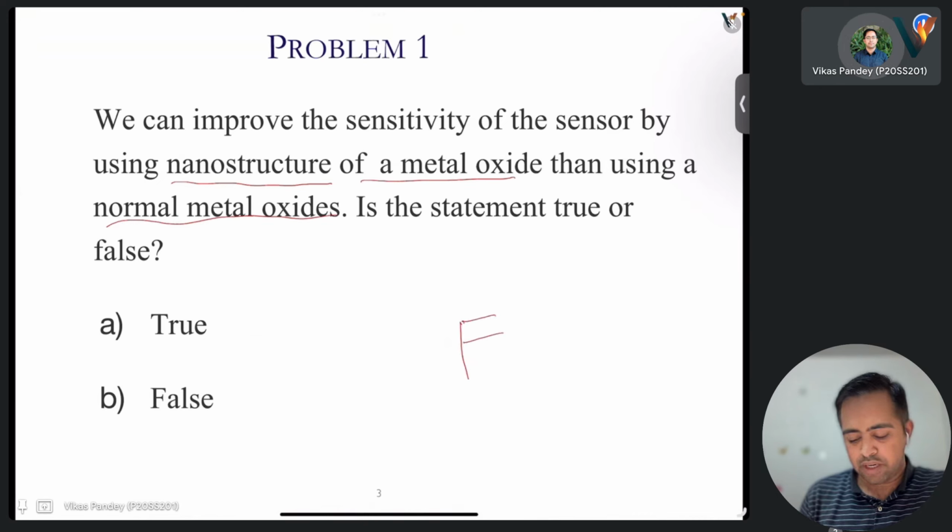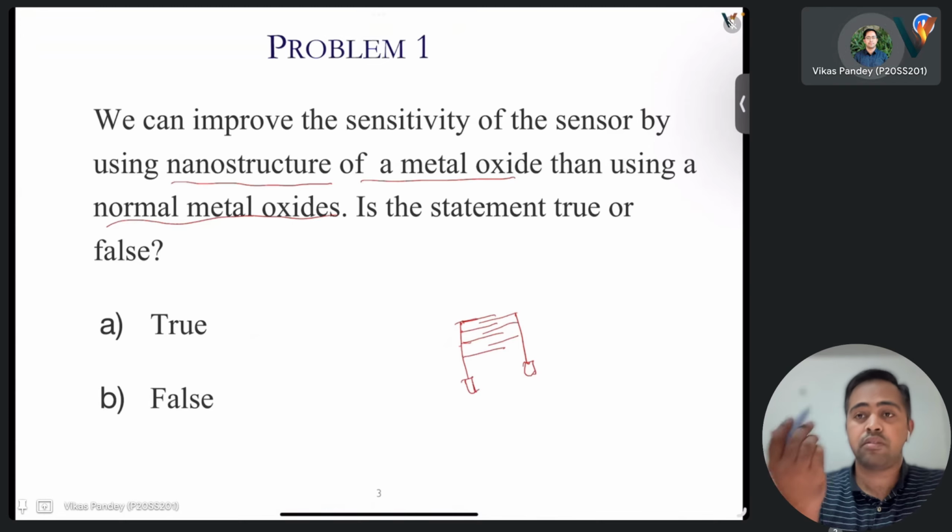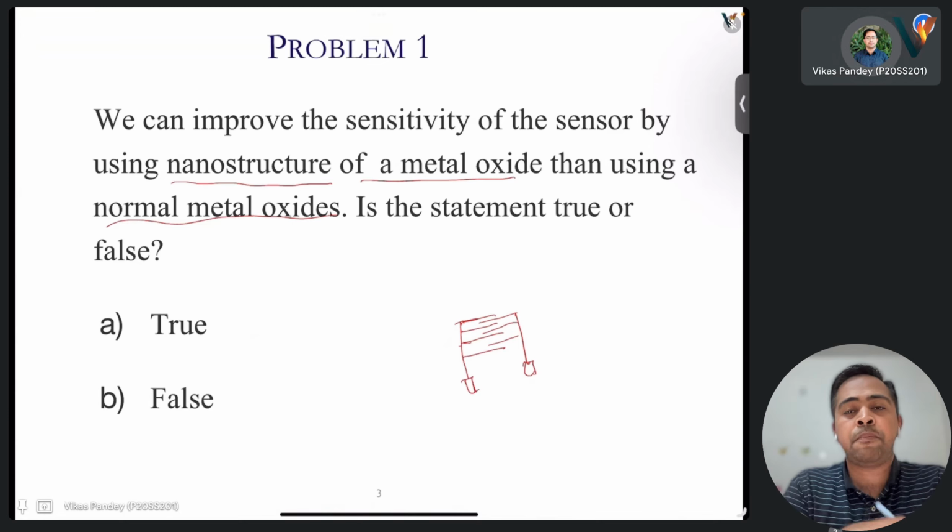Remember we talked about the IDE pattern. Let's suppose there is an IDE pattern, and on top of it, as we discussed earlier, there will be no conductivity, so the resistance will be infinite. Ideally, the current should be zero when there is nothing on it.